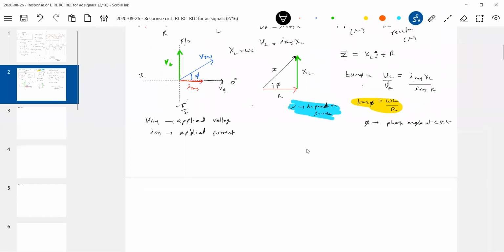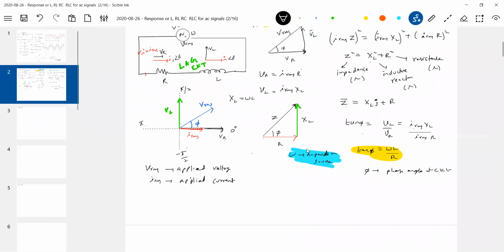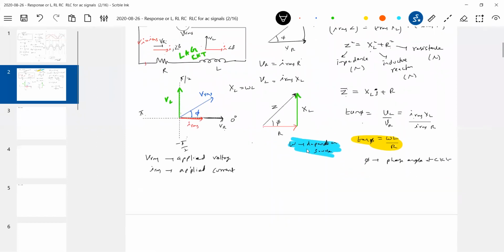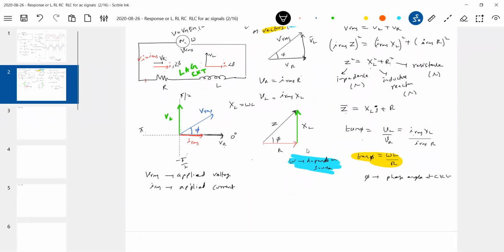The power is dissipated across the resistor. For that, I'll go for instantaneous power first. Here I'm taking that current lags the voltage.